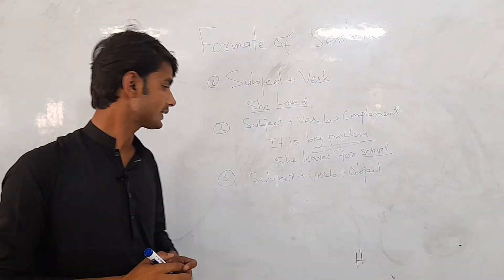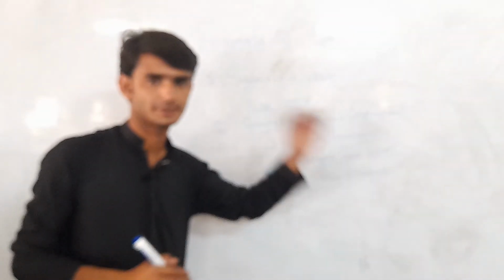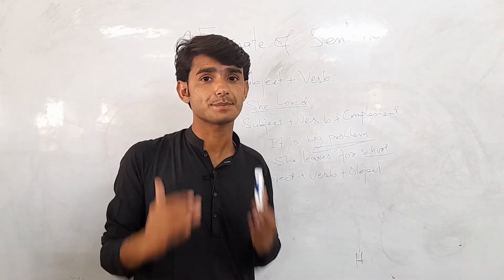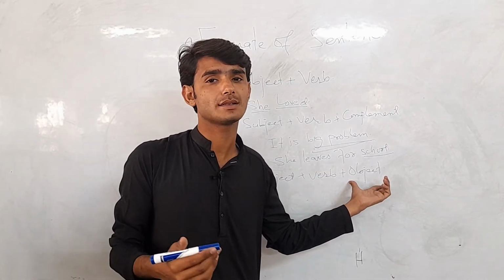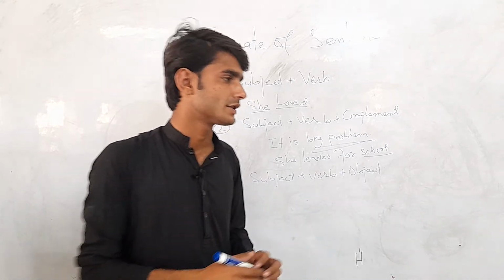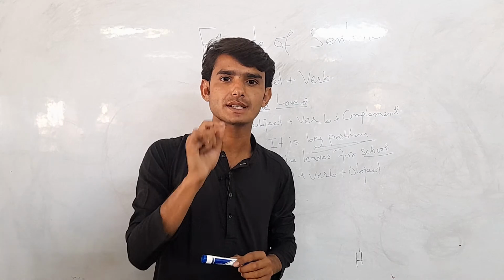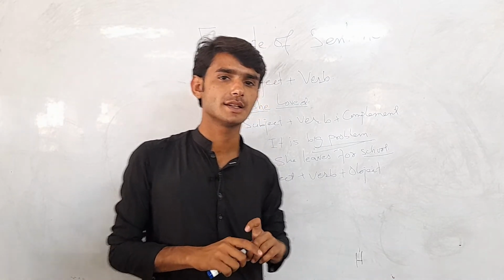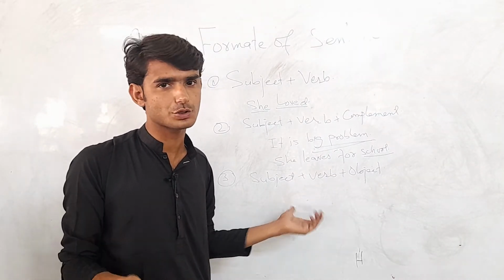Here we have the third format of the sentence: subject, verb, object. We are already familiar with the subject and the verb. Now it comes to deal with the object. What is the object? Object can be defined in a very simple way: it is something that can be converted from active voice to passive voice.